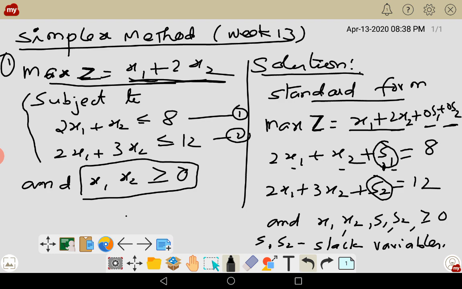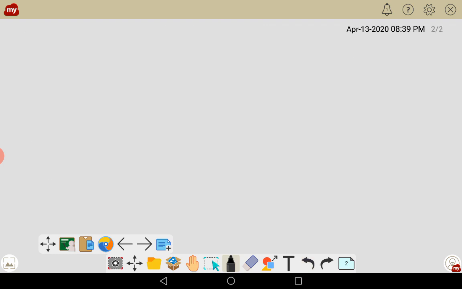Now we have got the standard form of a linear programming problem. Now from this standard form, we are going to write a new table. The first step of the simplex method is to write the standard form, and then we go to the tabular form.